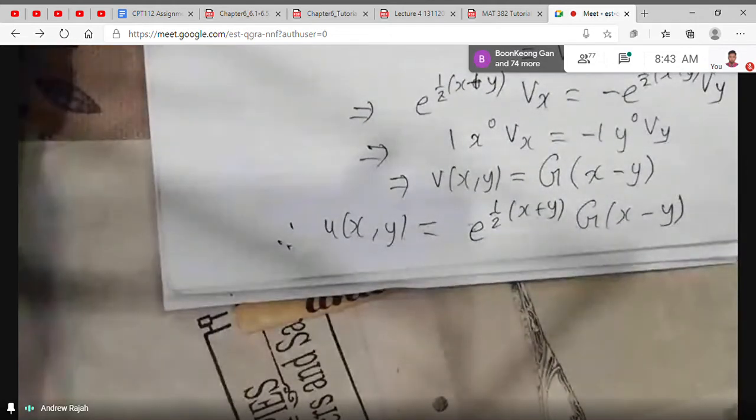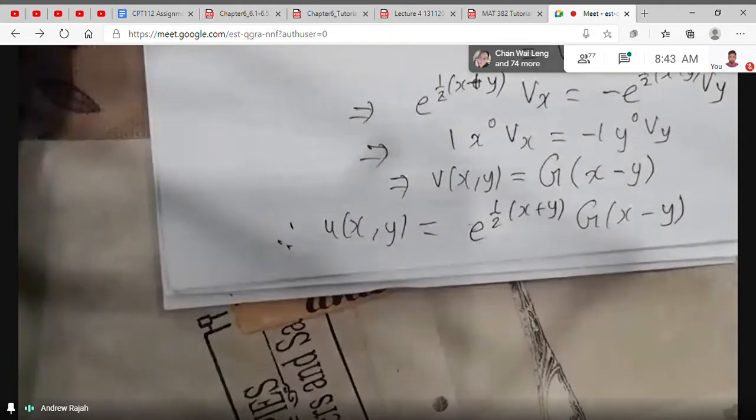The answer looks different from the previous answer, but you can show that it is actually the same.